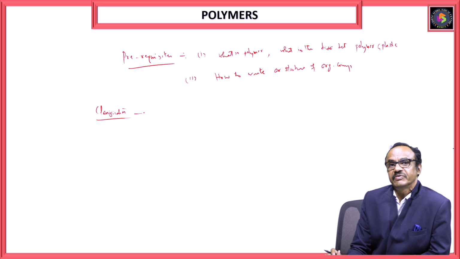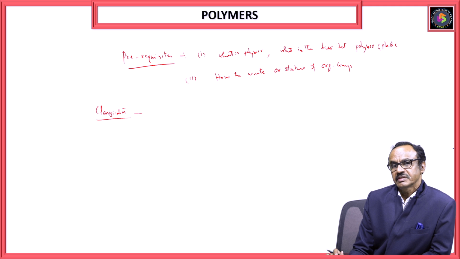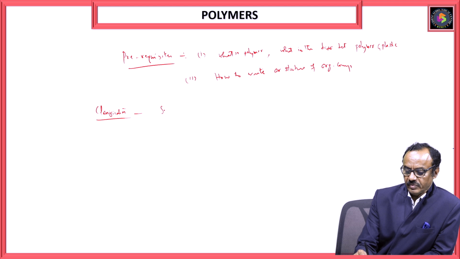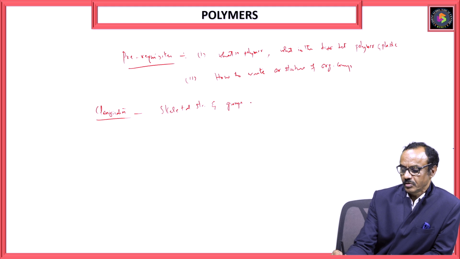All polymers are classified based on their skeletal structure and the functional groups attached. Skeletal structure classification is made based on skeletal structure and groups, which may be substituents or functional groups attached.